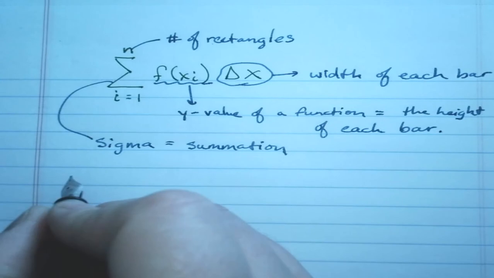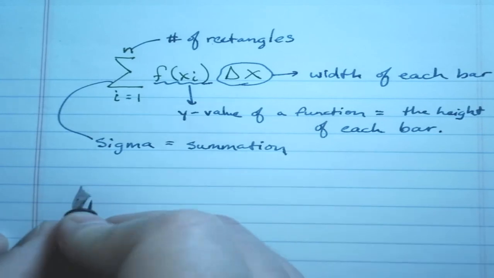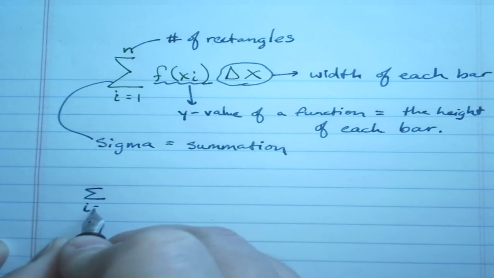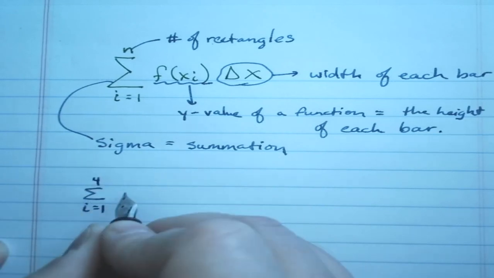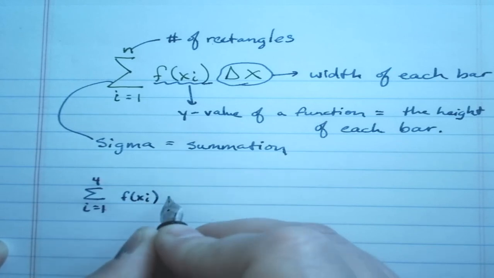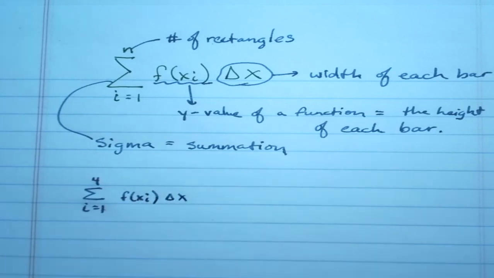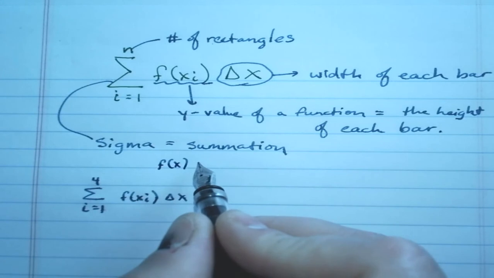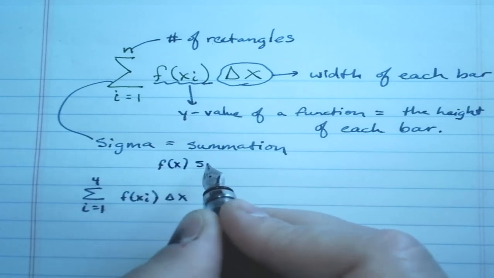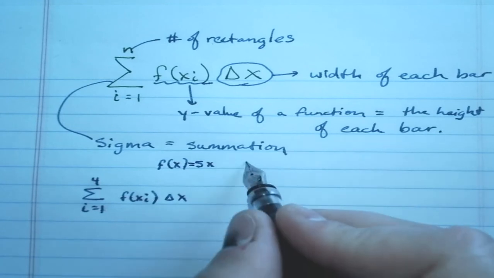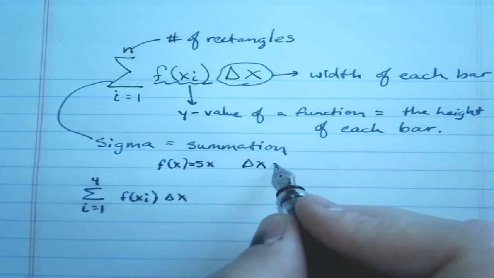And so, let's take an example. If I gave you the summation from i equals 1 to 4, and somewhere else you knew that f of x was, let's just say, 5x, and delta x was, let's say, 1.